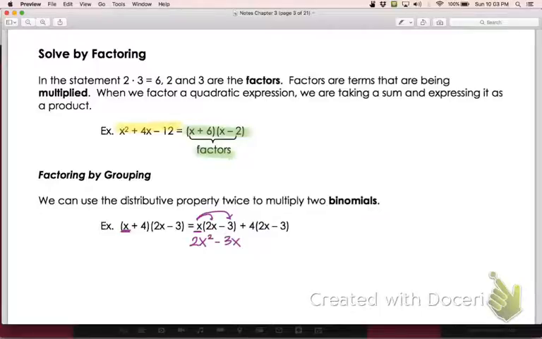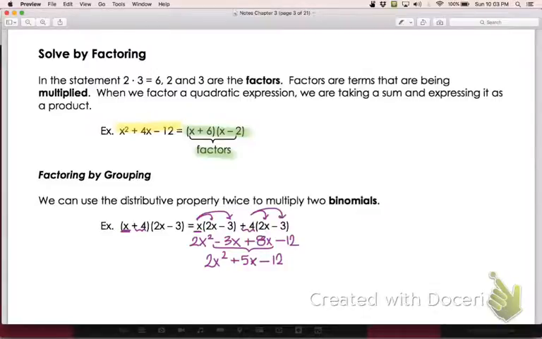Then we took the plus 4 and distributed it to 2x minus 3, so now I have plus 8x minus 12. Then we had these two like terms, so we combined those, and the final product was 2x squared plus 5x minus 12.